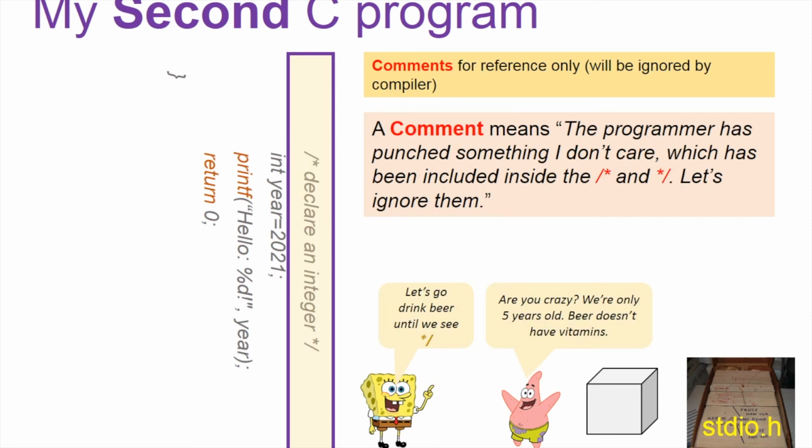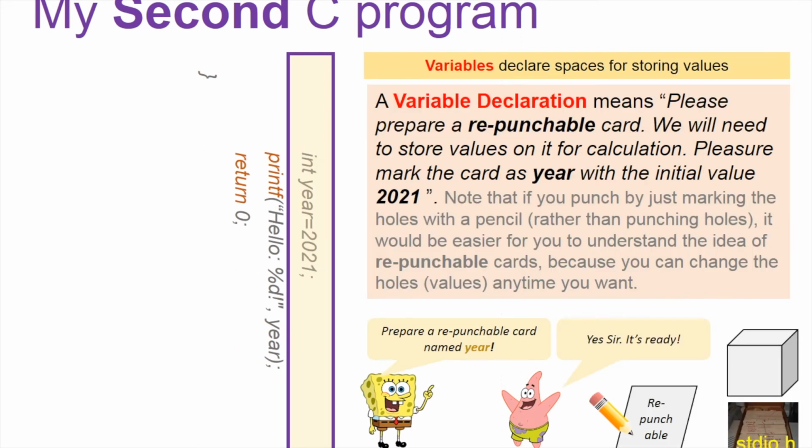Then we go to the comment line. As I told you, the comments are just going to be ignored by the compiler. It means nothing to them. So we go forward, and then we reach the variable. A variable here is like something for calculation. You can think of it as a repunchable card.